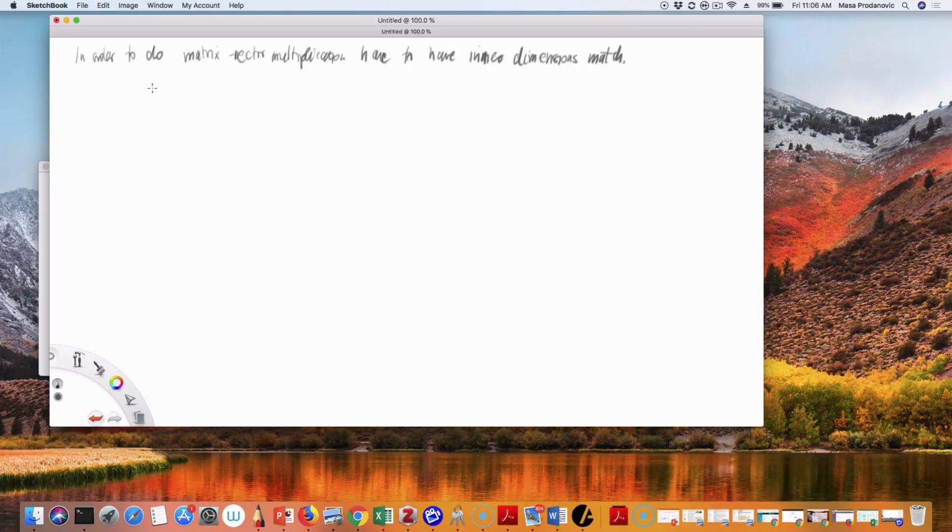And what that means, if my A is m by n, so I have m rows and n columns, then my vector u is n by 1. These are my inner dimensions. They have to be the same.